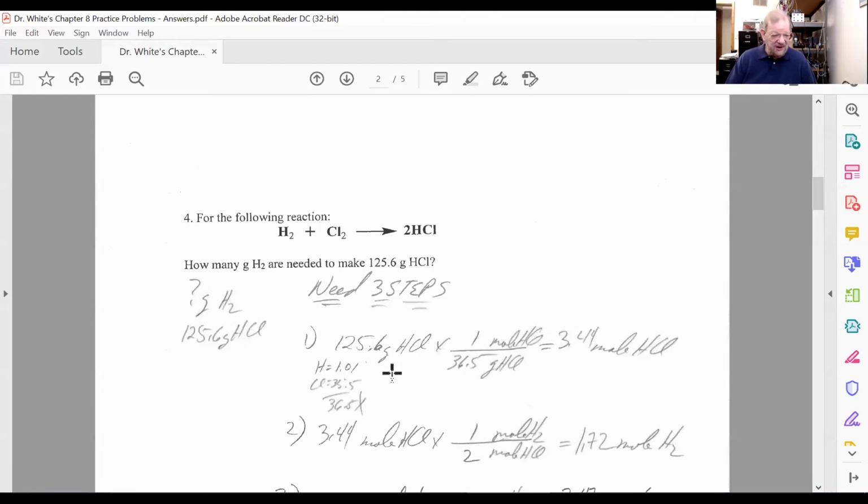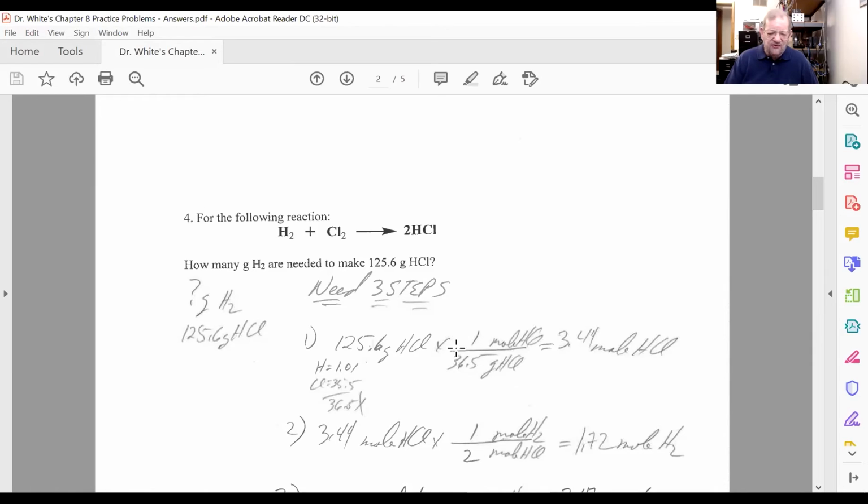And here we go. We have the grams of HCl. We want to get the moles of HCl. We use your good buddy, your good friend, unit analysis, to put that on top. The moles go on top. That's the answer I want to get to. The answer I want to get rid of is grams of HCl, so I'll put that underneath.